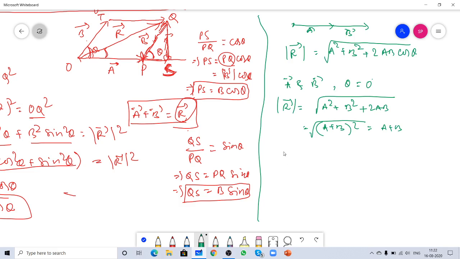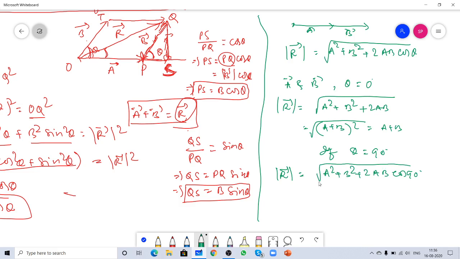Now if they are acting 90 degrees to each other, if theta is 90 degrees, then the resultant will be the square root of a square plus b square plus 2ab cos 90.